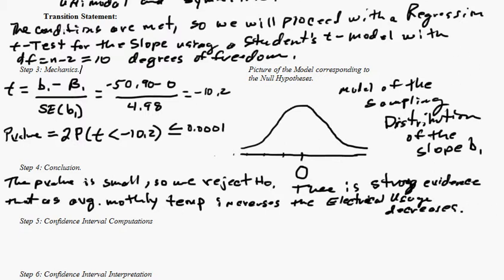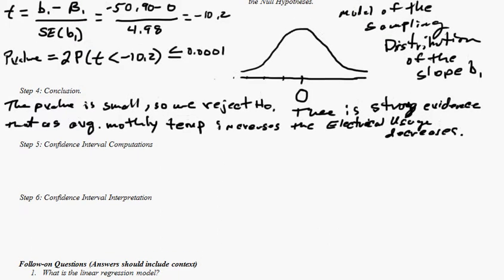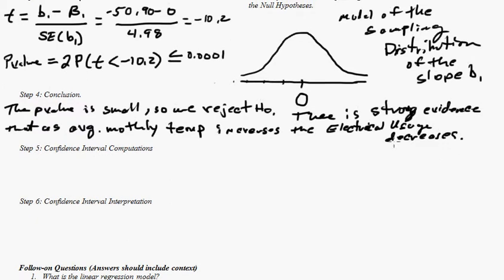Okay? So the question is, by how much? I guess I say decreases. I could have said that there's strong evidence that they are associated. But in this case I'm going to say that they decrease, and then I'm going to create a confidence interval.